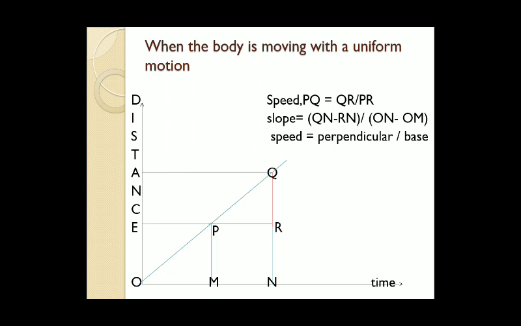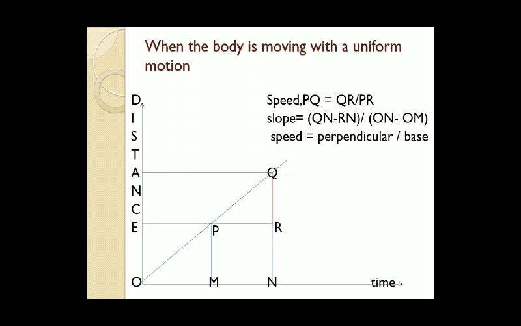So in this case, this line represents a uniform speed. Now, how to calculate the speed with the help of this graph? Suppose I want to calculate the speed of a moving object. Let us take 2 points P and Q. You can take any 2 points.